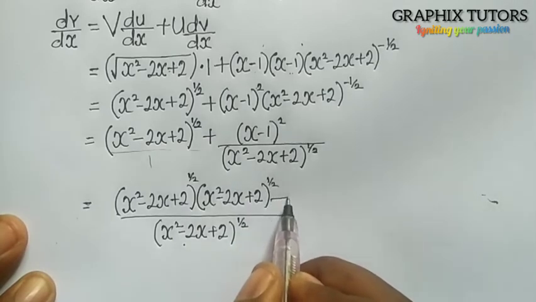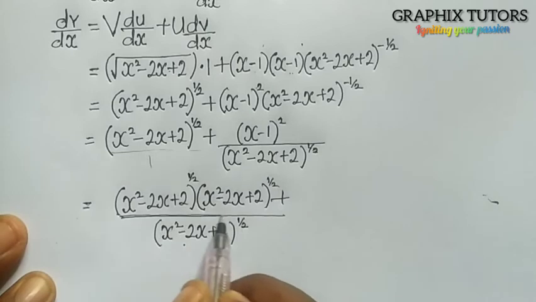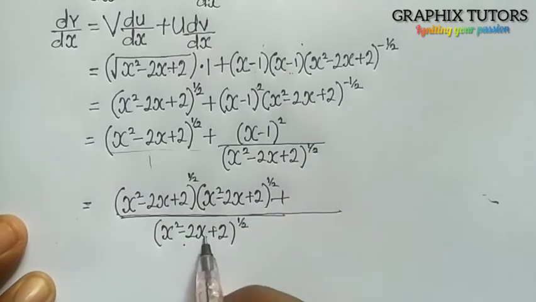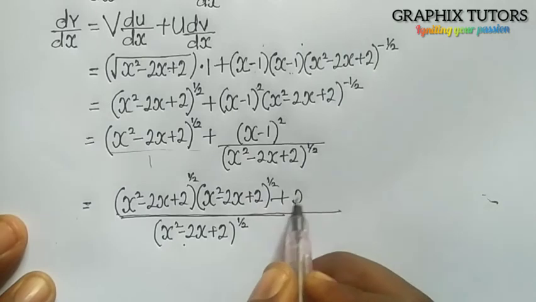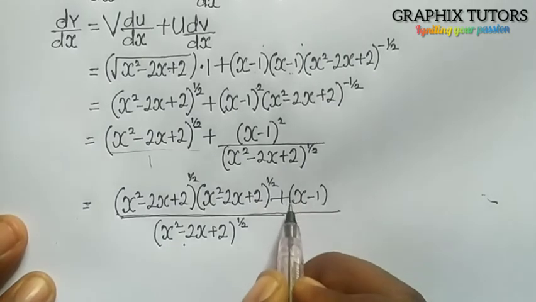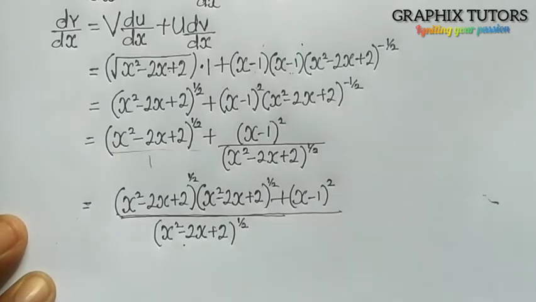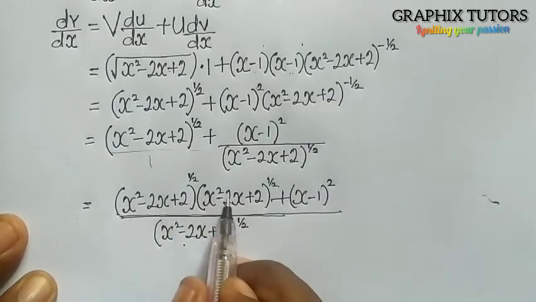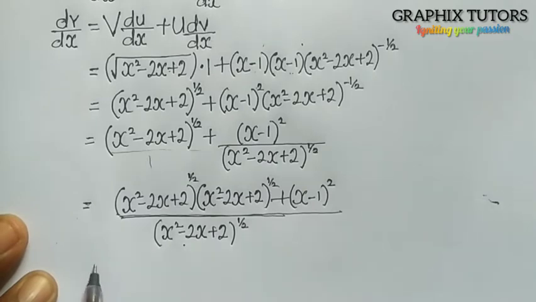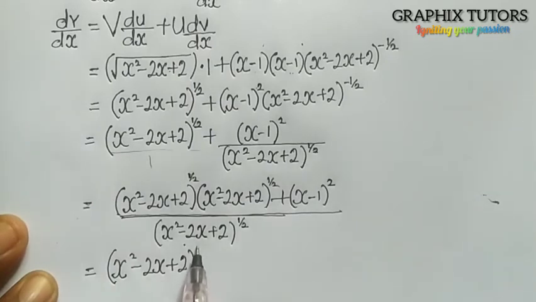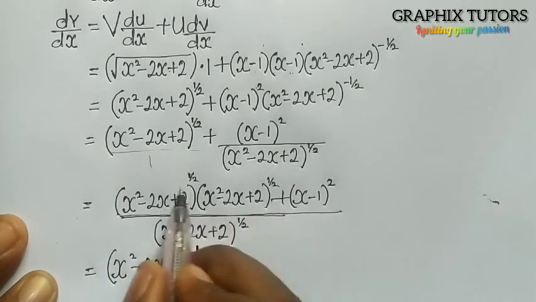So plus, now if you look at this, 1 times this will give us x minus 1 all squared. Now from here also equal base, so it will be half plus half, that will be 1. So this will now give me x squared minus 2x plus 2 raised to the power of 1, right? Because equal base, we add the power.